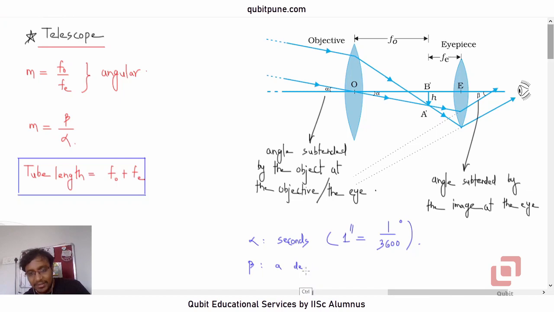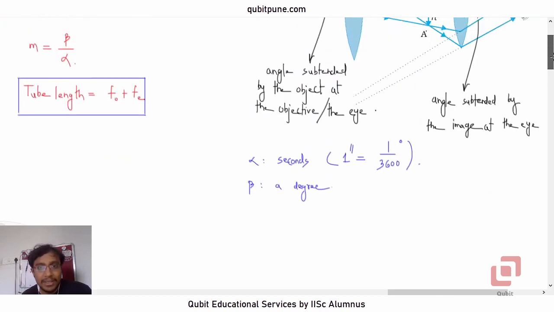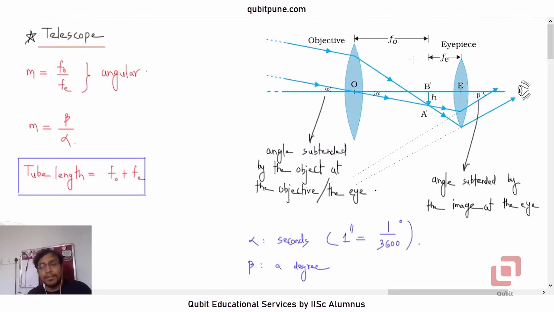You can clearly see how large the magnification is going to be. But remember, it is not linear magnification, it is angular magnification. Okay, so that ends our revision of ray optics and optical instruments.